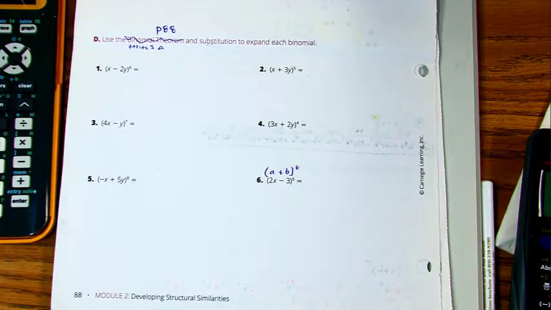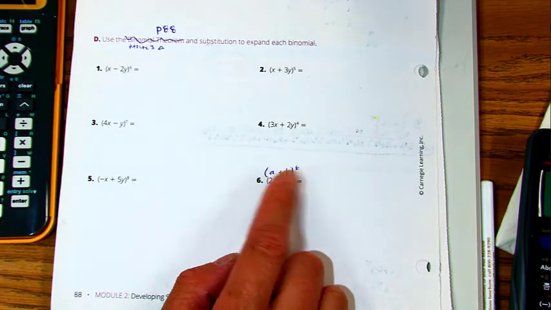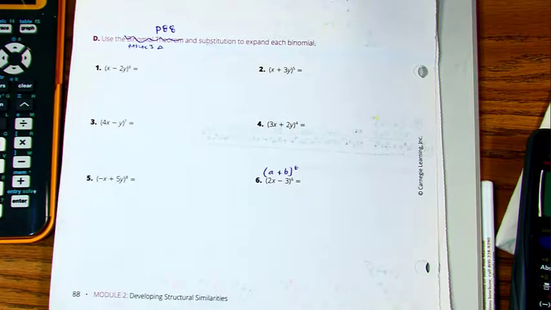So I asked you guys to do question number 6, the warm-up from yesterday's lesson, a plus b to the 6th power.